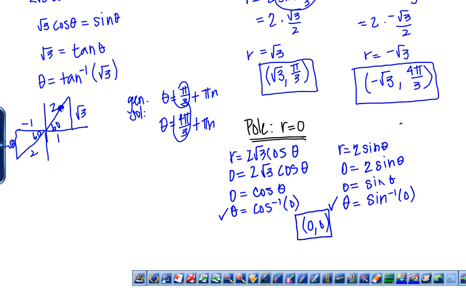If you were to graph 4 pi over 3, which is over here, and then do the negative root 3, you end up in the same place. So realistically, these two are the same thing. So do you need this second answer? No, because it's exactly the same as the first. Not a big deal if you put it, but it is exactly the same answer.